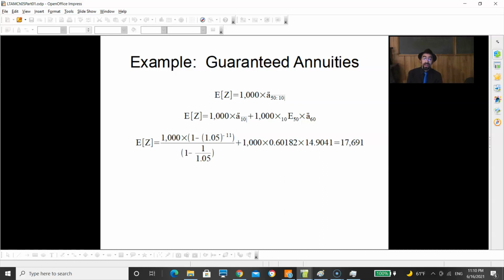But what we can say is we can break it down into the first 10 years, which is just 1000 A double dot angle 10, plus everything after those 10 years. For 1000 A double dot angle 10, we can just use the geometric series formula.